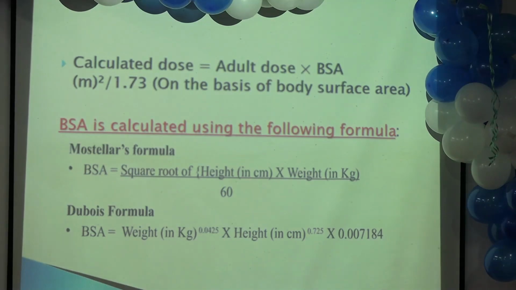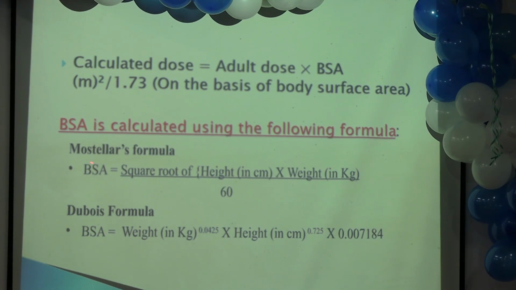Now if the body surface area is not given, how will you find it out? Again, there are two formulas: one is Mosteller's formula and one is the Dubois formula.